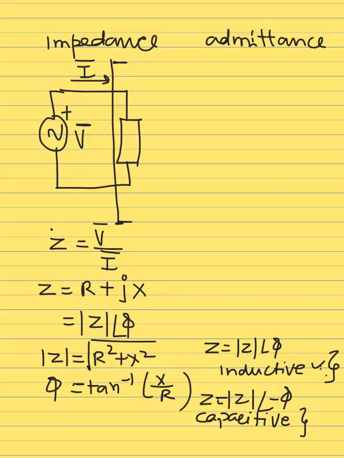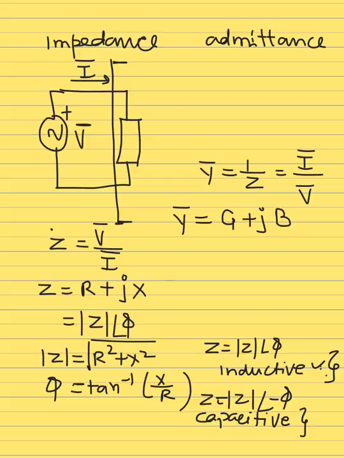Okay, so the concept of admittance is the inverse of the impedance, or you can say it's the ratio of the current to voltage. So Y is G plus jB, where G is conductance and B is susceptance.